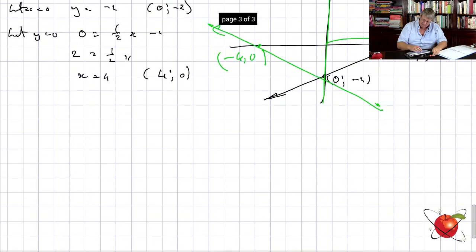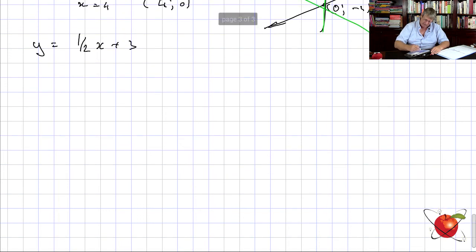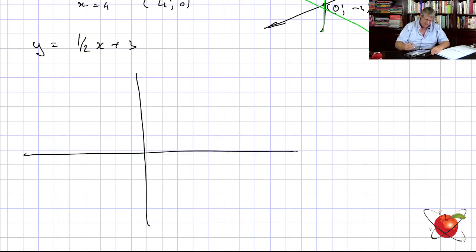Let's look at a totally different graph, all right? The one that I've got over here is y is equal to a half x plus 3. Well, first of all, I've done all the calcs already, so I'm just going to plot the graph here, and I'm going to say, okay, at 0 and 3 is where we're going to go through over there. 0 and 3, and another point was minus 6 and 0 over there, so I had those points over there.